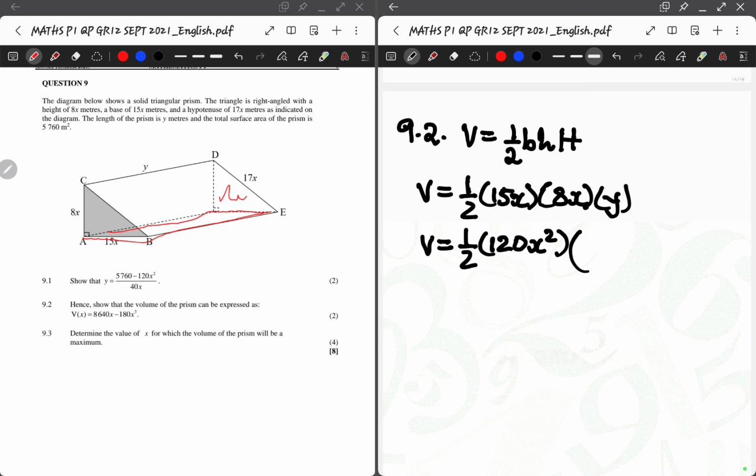Y in this case will be 5760 minus 120 x squared all over 40x.